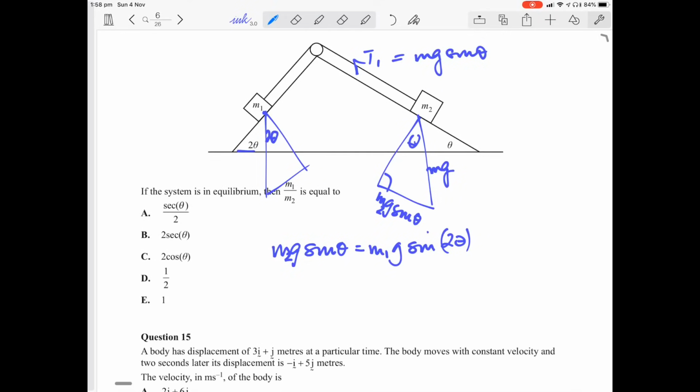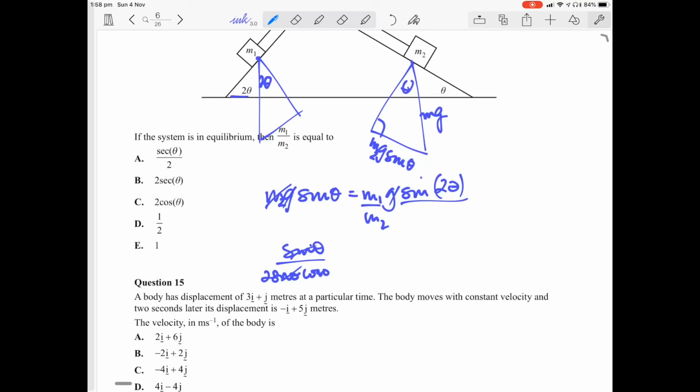Okay, so m1 on m2, the g's will cancel, so I've got sine theta on 2 sine theta cos theta, because that is 2 sine theta cos theta, so this will be 1 on 2 cos theta, which is 1/2 sec theta.